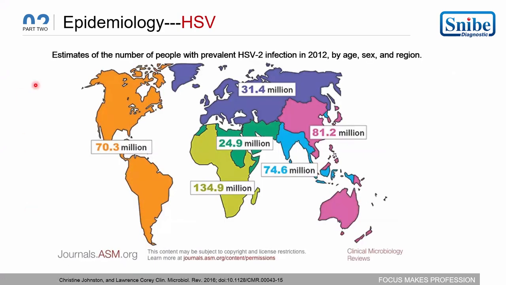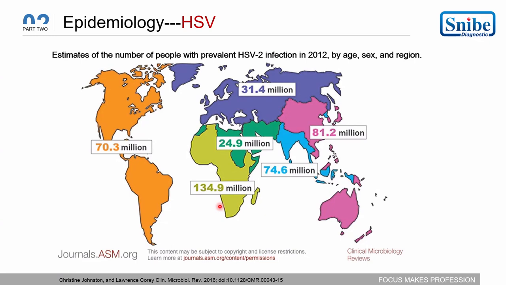If we talk about HSV, including one and two, the global estimation of the number of people with HSV2 infection in 2012 differs by age and sex in the region. You can see that the African region has more exposure, with 134.9 million people infected.